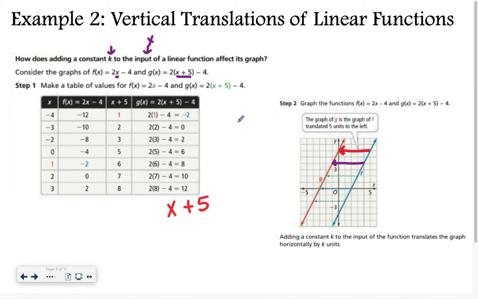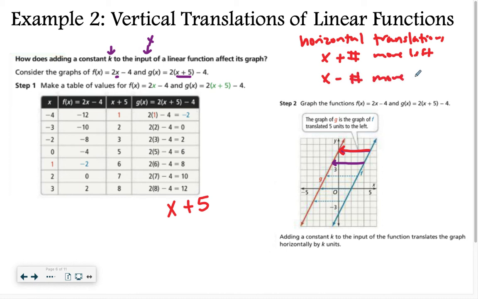So when you're doing horizontal translations, if you have x plus a number, that is going to move left. And if you have x minus a number, that is going to move to the right. Okay, just to help you keep track of what direction things are moving.